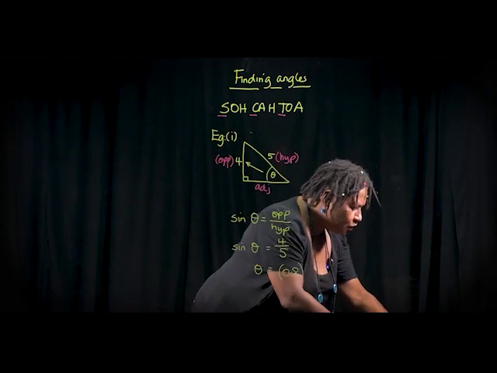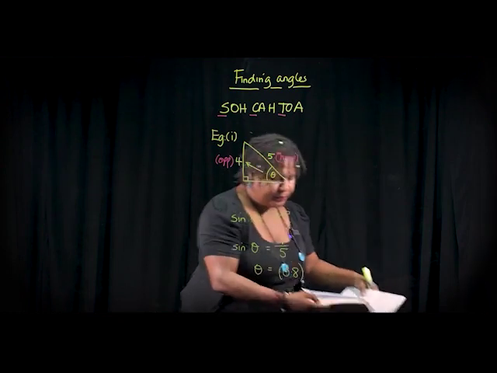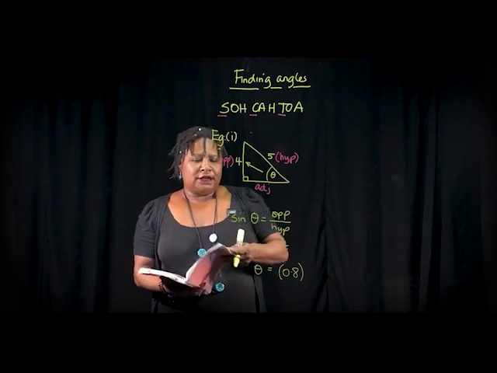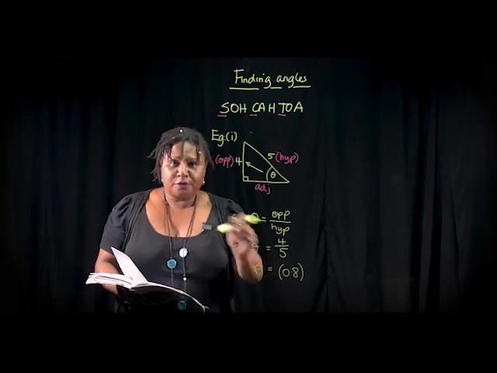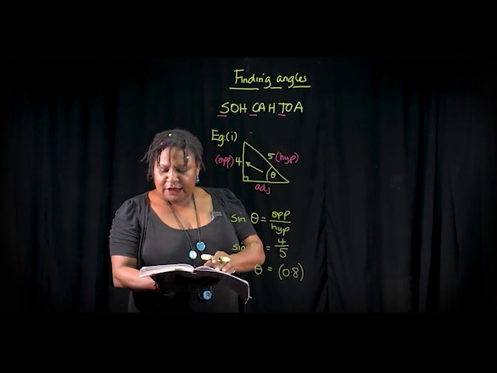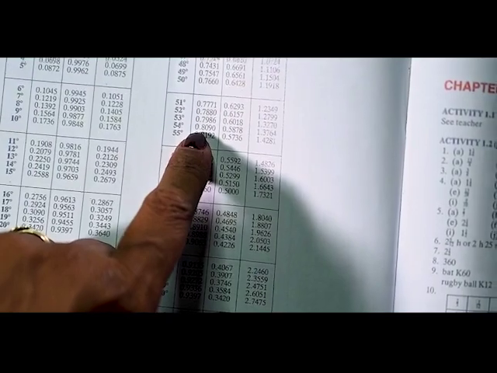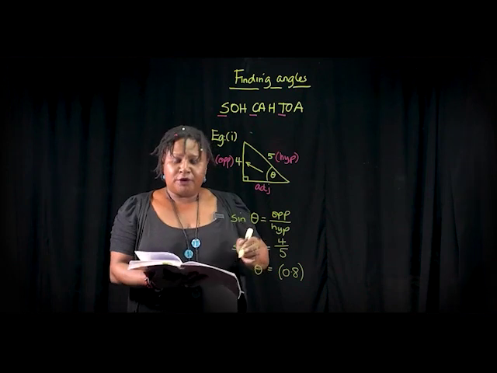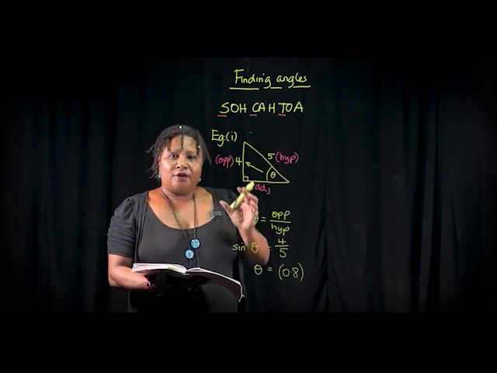You are going to go to your trig tables. Okay, go to your trig tables, and from the tables, in the sine column, find the sine value of 0.8. So according to the tables, there are two angles that are the possible answers. Let's put them up and see which one is the most correct.